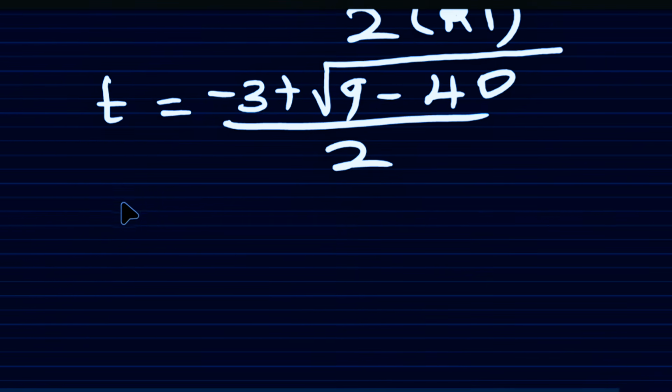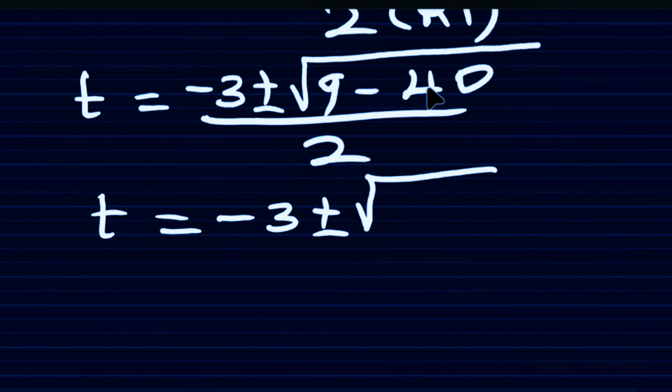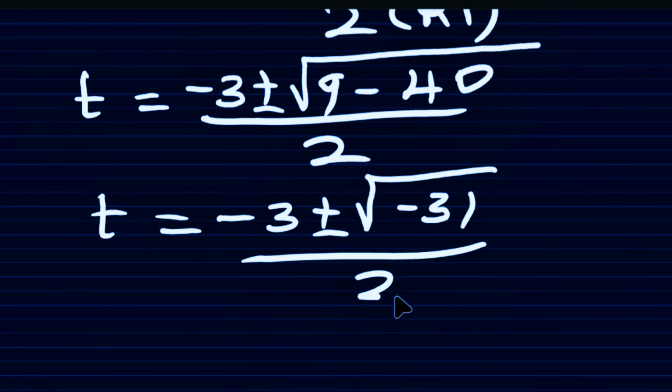Okay, so from here, t will be equal to minus 3 plus or minus the square root of, there is a minus here, 9 minus 40 equals minus 31, divided by 2. Now looking at this, you can see that we have a complex number here, which is the square root of minus 31.